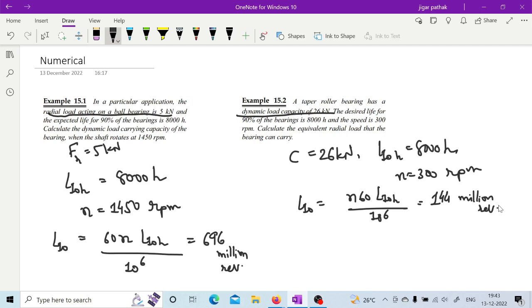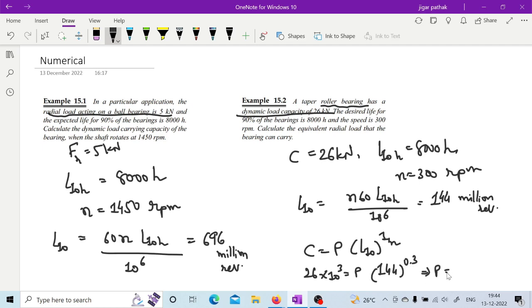Then what you are asked in this case is that you need to calculate P, the radial load. You know that C is equal to P L10 raised to 1 by n. Here n is 10 by 3, because it is a roller bearing. So 26 into 10 raised to 3 is equal to P into 144 raised to 0.3.